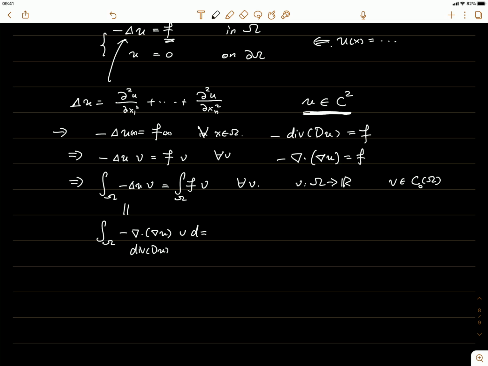This is equal to the boundary integral of ∂u/∂n times v dS, plus the integral of ∇u · ∇v dx, where I should have the negative and plus because of the negative sign here. Sorry, it should be dS to be specific, because this integration is on the boundary of omega.